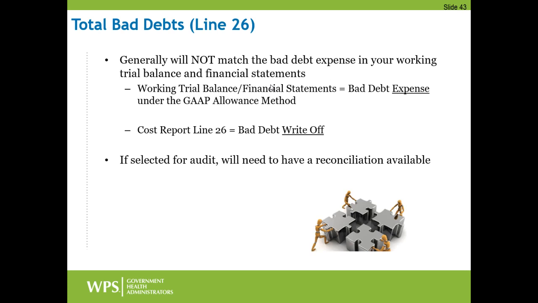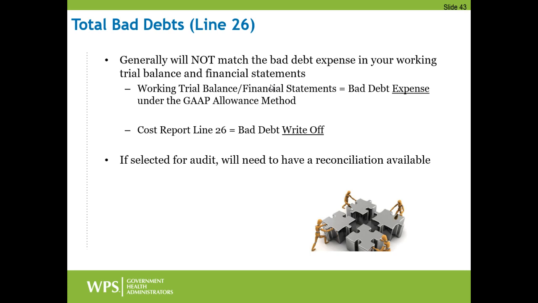Now, the other thing about this, we're talking bad debts written off during this period. This is generally not going to match the bad debt expense that's in your financial statements or your working trial balance. The reason is that we're looking for bad debts written off during a period, whereas your financial statements, assuming you're using GAAP, generally accepted accounting principles, are required to use an allowance method, which reports an estimated expense.